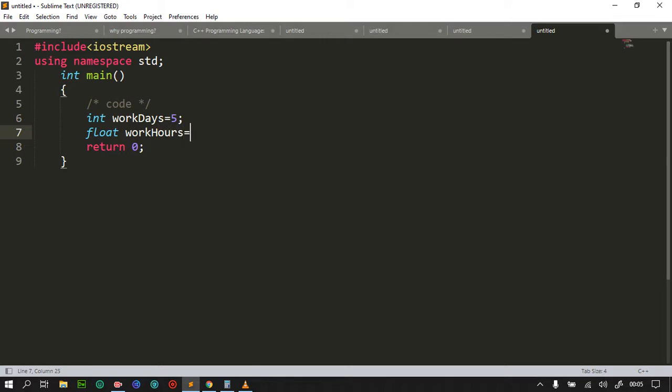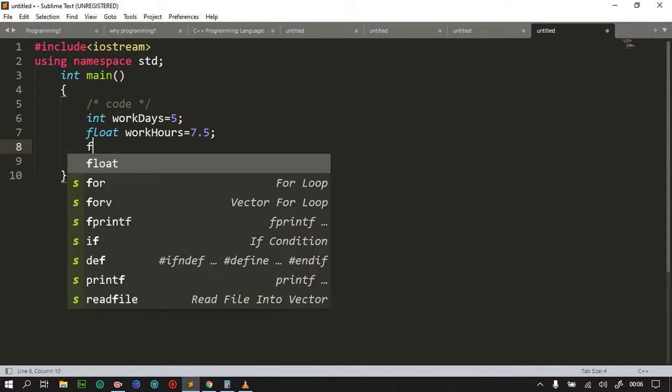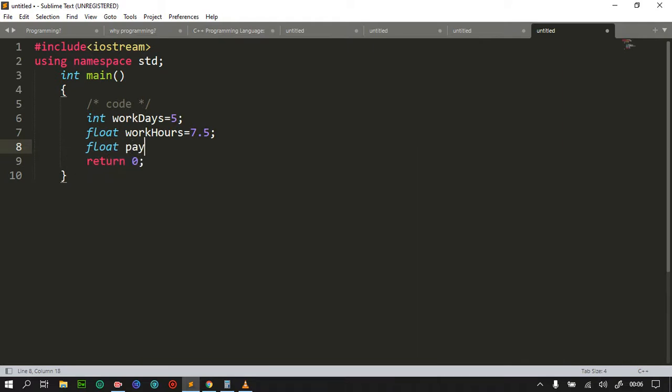This time around, they are 7.5. Then we are having the pay rate, which is maybe 33, if you guys are working in dollars or shillings. Definitely that can work for you.